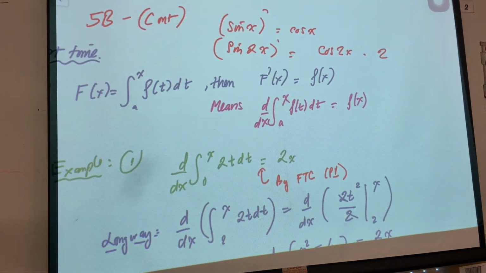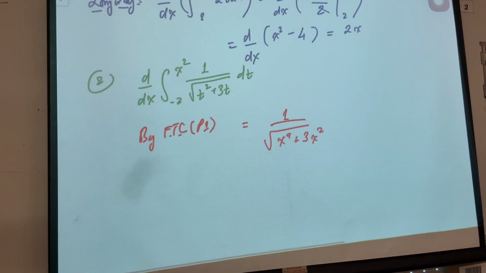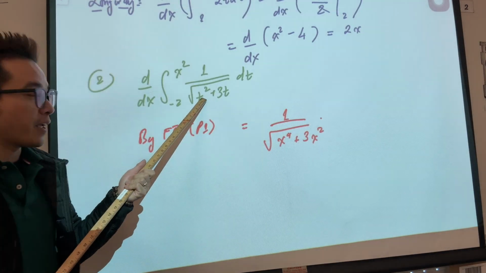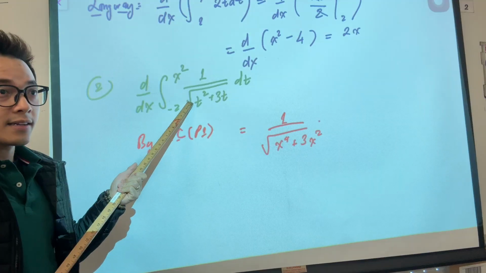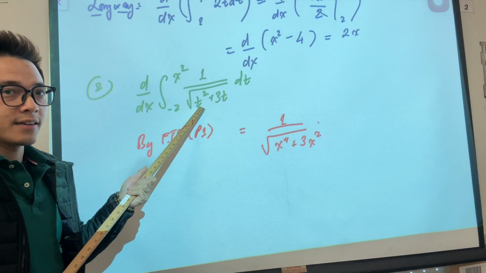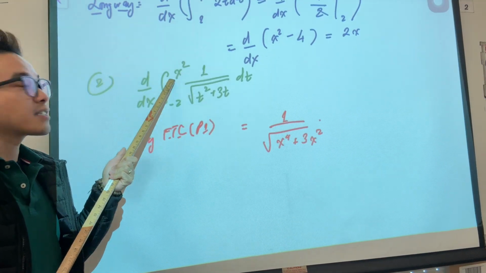So how do you apply the chain rule here? Times what? Now the question is which chain rule you're going to apply. Shouldn't we do the top one? No, just the x squared.